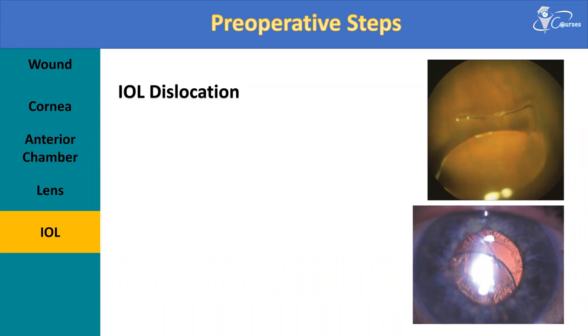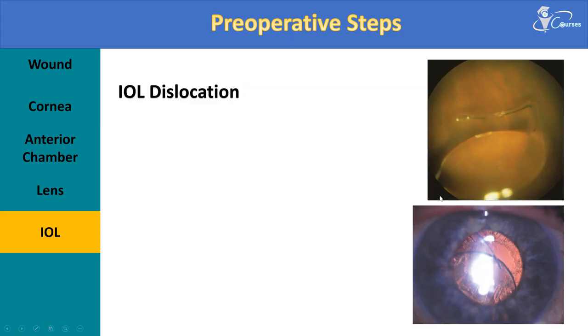If there is dialysis, then it is not too late to put a CTR, Ahmed segment or Cionni ring. If the dialysis is very extensive, then this IOL should be explanted and we need to implant another IOL, either iris-fixated or scleral-fixated. Of course, it can be done in a second sitting; it doesn't have to be done in the same sitting.